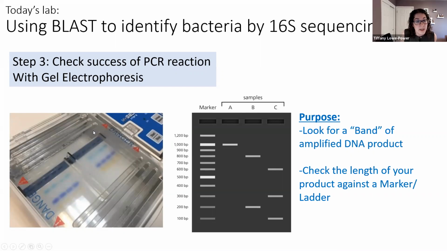It would run from negative at the top to positive at the bottom. And the DNA backbone has those phosphate negative charges, so by having a positive charge at the bottom of this gel, your DNA would migrate through the gel towards that positive and separate based on size.